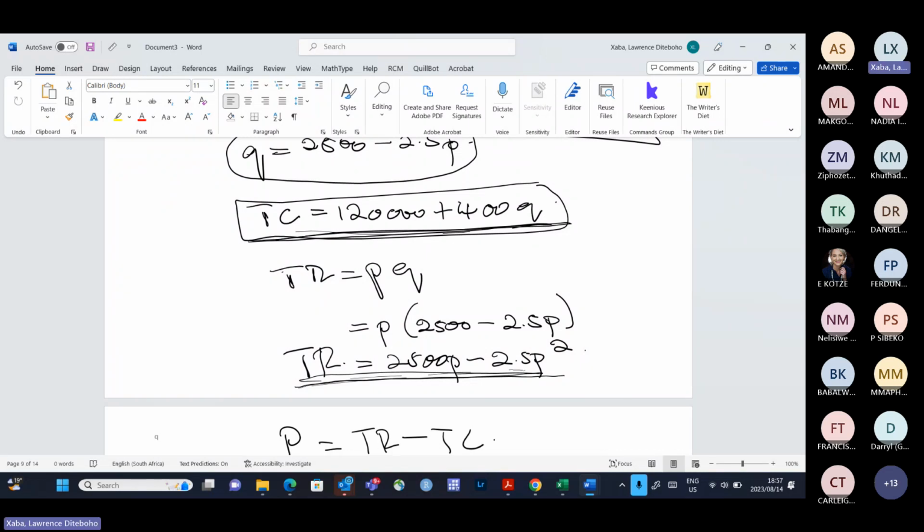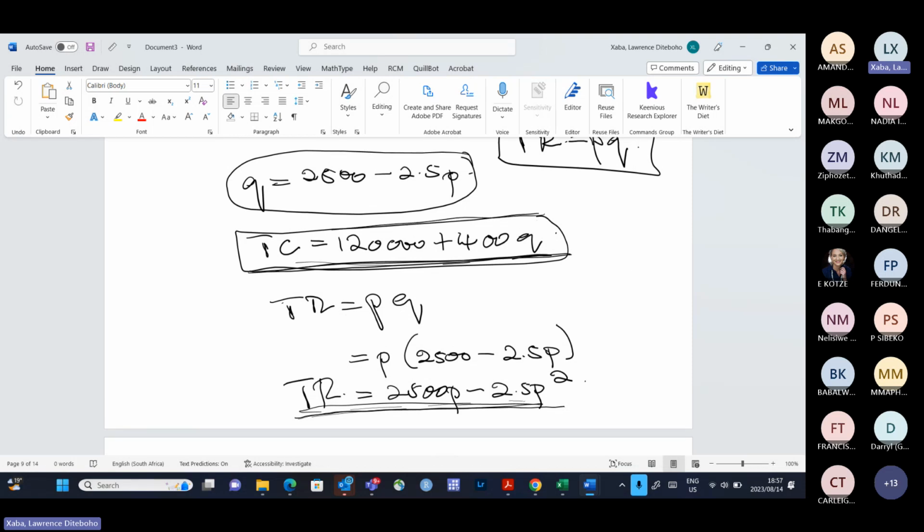Looking at total cost, it is made up of 120,000 plus 400Q. So this equation is going to apply in both the equation of total cost and the equation of total revenue.